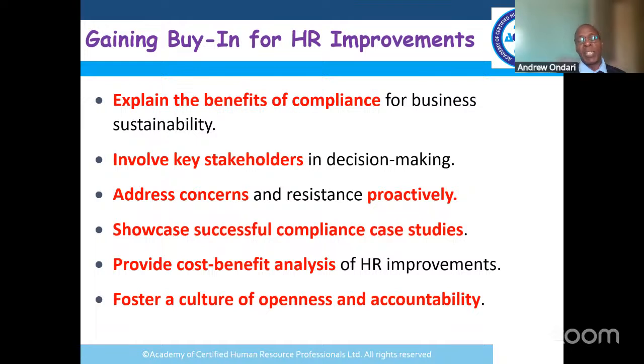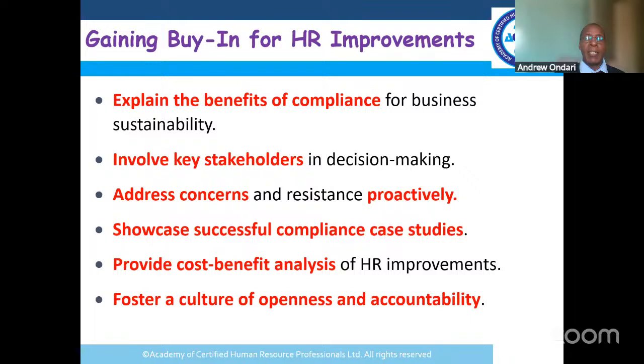Secondly, involve all the stakeholders, because we have said that one of the principles and the legal requirements is inclusivity. So let the decision makers be included in this process. Any issues that may arise, such as resistance or violations, should be addressed promptly. So as HR managers, people can only accept what we are trying to implement if any arising concerns are addressed.